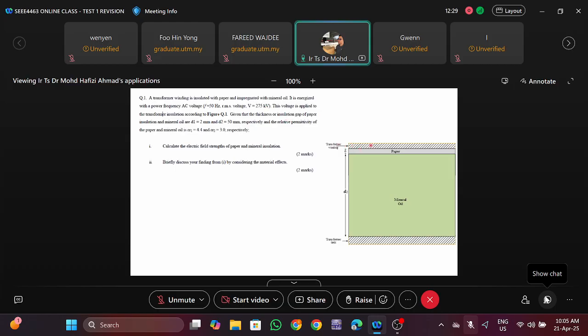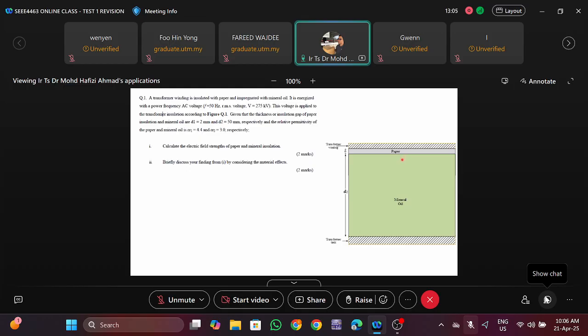And now you can see the outer electrode is a transformer tank, and between the winding and transformer tank are actually insulated with this paper and also mineral oil, okay? And you might see that this kind of paper has its own thickness. Given the thickness of paper insulation is 2 millimeters, and the gap distance is around 50 millimeters.